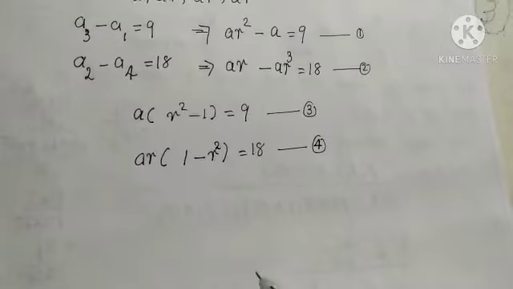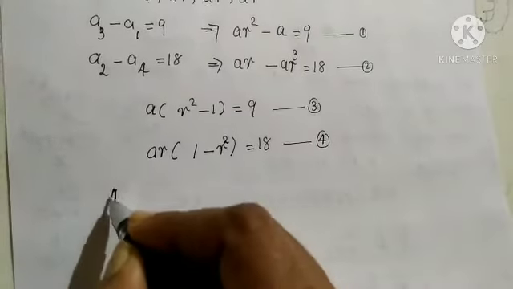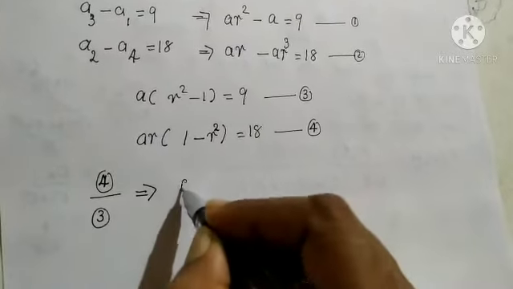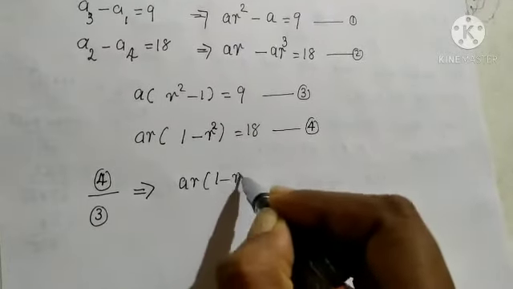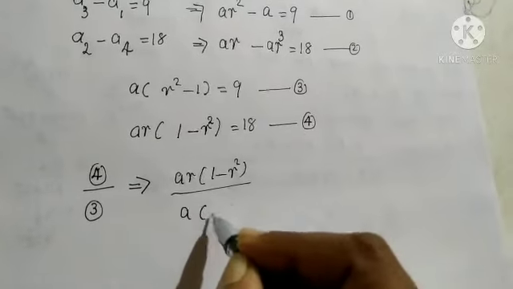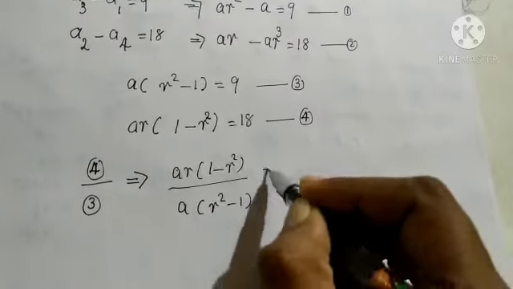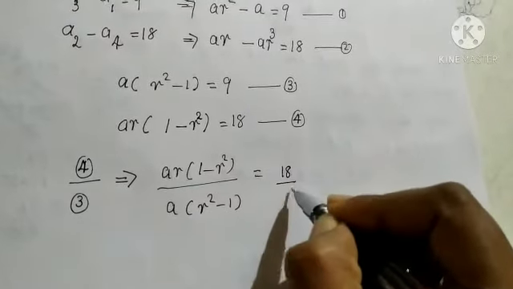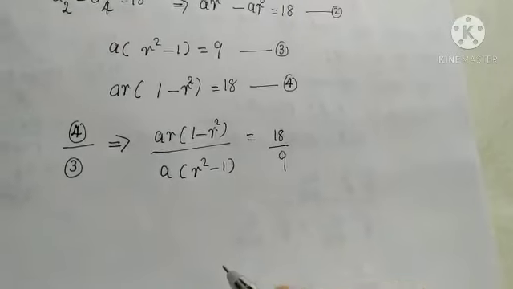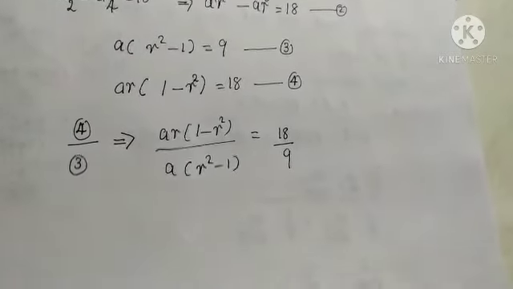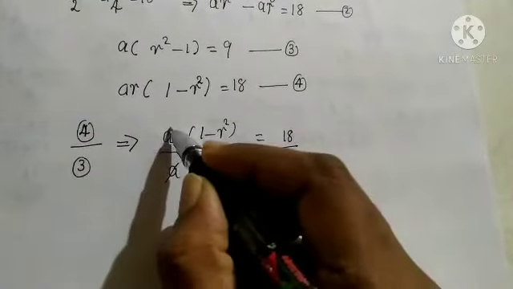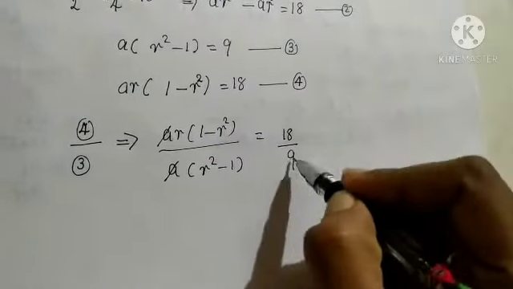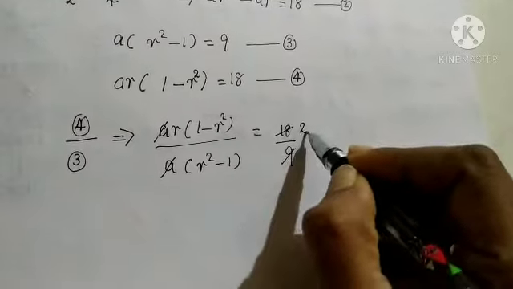Okay. So next I am going to divide equation number 4 by 3, and here we get ar into 1 minus r square divided by a into r square minus 1 on the LHS. On the RHS we get 18 by 9. So if you observe this step, here we can cancel this a, and 18 by 9 gives 2.